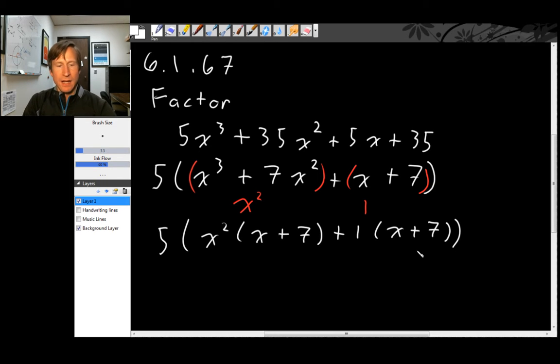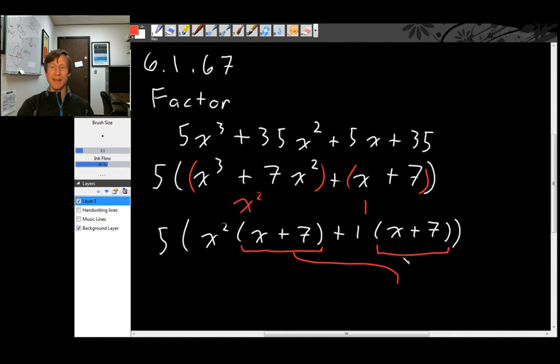Okay, now the second step to this grouping trick is to see if the stuff that's left over after you factor out the common factors from each group, these bits I've underlined, see if they're the same. And in this case, they are the same. They're both x plus 7, and that means this x plus 7 is a common factor, and we can factor it out over to here.